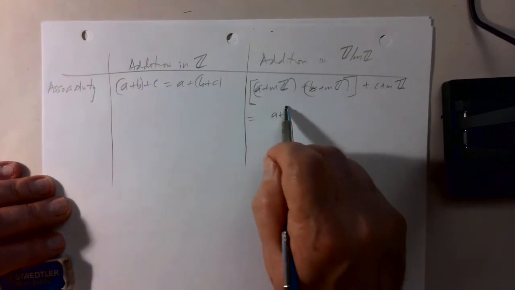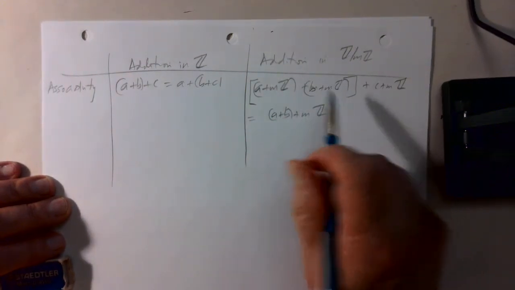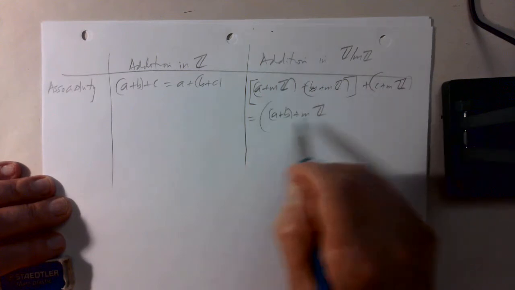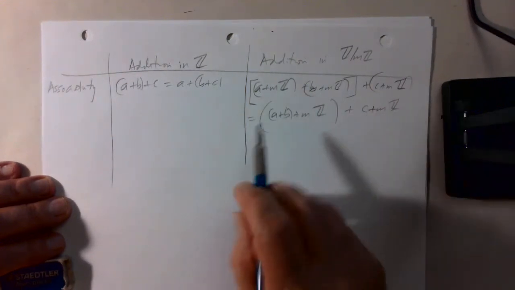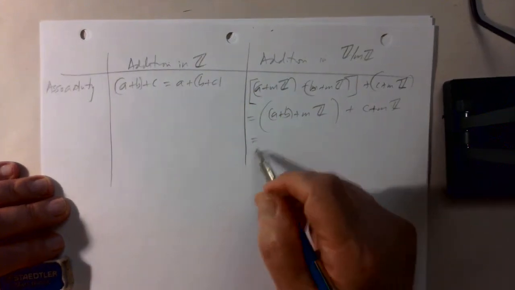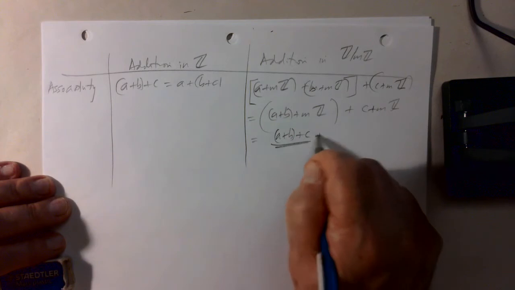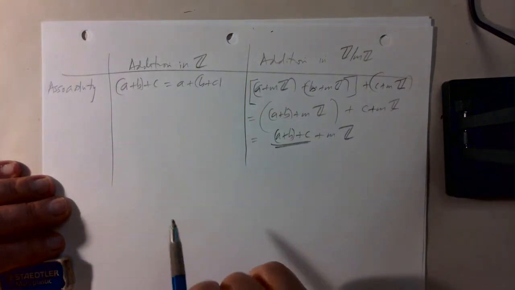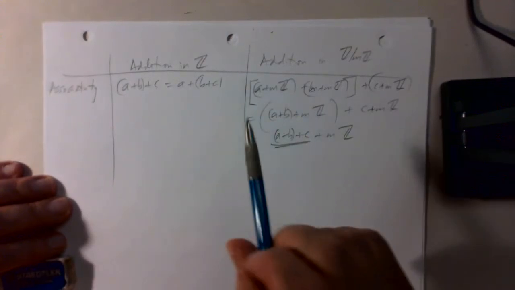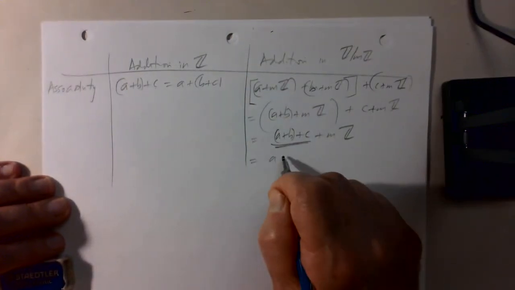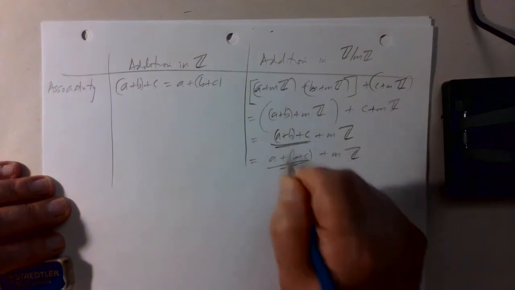This is the congruence class a plus b plus mZ, and we're adding to it the congruence class c plus mZ. This is the congruence class (a plus b) plus c, this integer, plus mZ. But because addition of integers is associative, this is the same as a plus (b plus c) plus mZ, because these two numbers are the same.